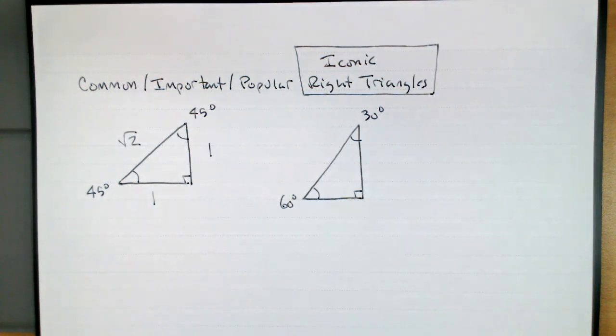This means, because of the way similar triangles work, I can scale this up. So if the sides of the isosceles right triangle are increased to 10, I just multiply 10 times the square root of 2 to find the hypotenuse. The information that we get here is that the hypotenuse is square root of 2 times the legs in the isosceles right triangle.